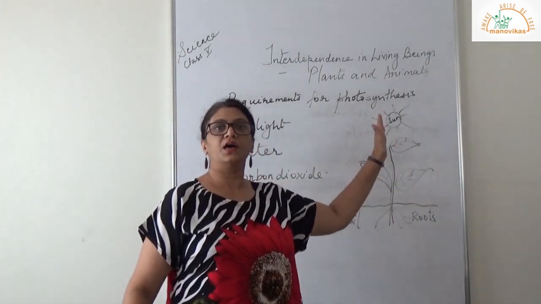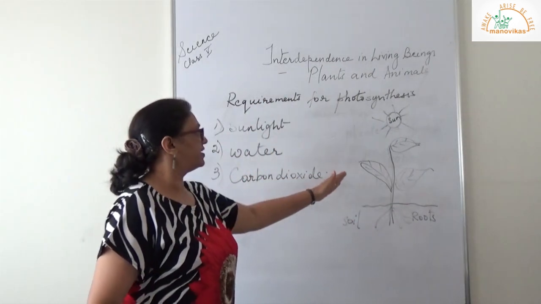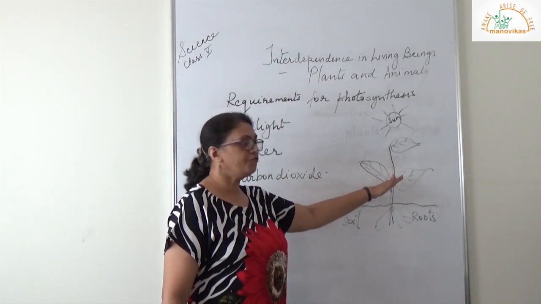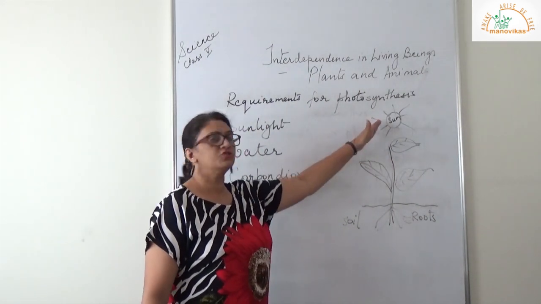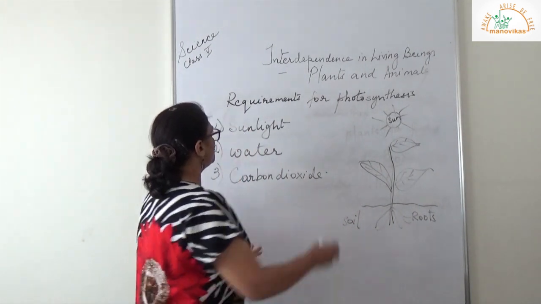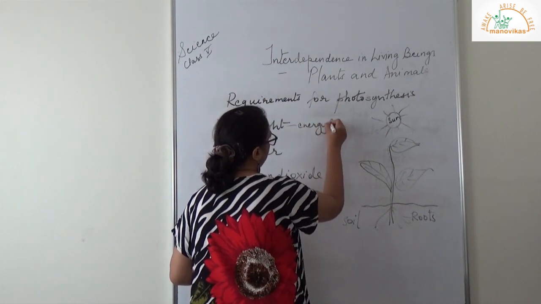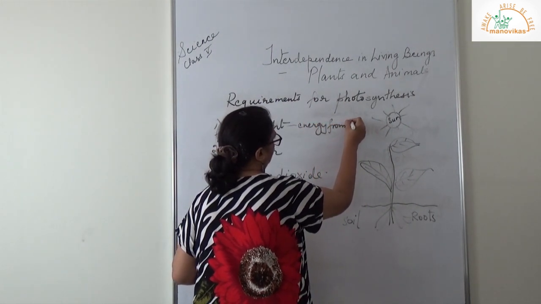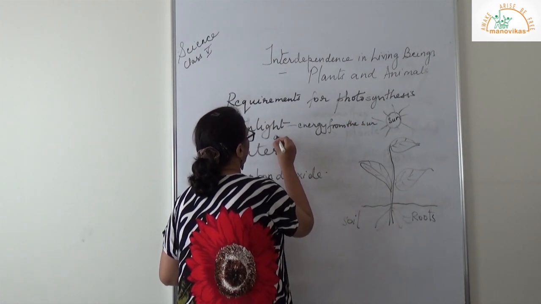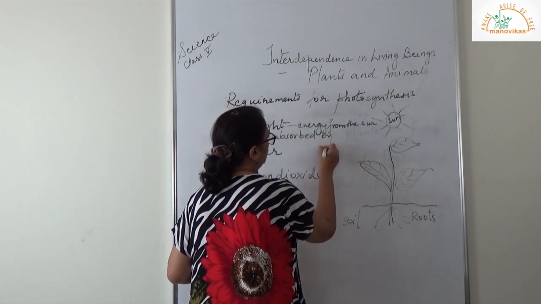The leaves absorb light energy from the sun. Now you know the leaves have a pigment called chlorophyll. Chlorophyll has the ability to absorb energy from the sun. So energy from the sun is absorbed by chlorophyll.